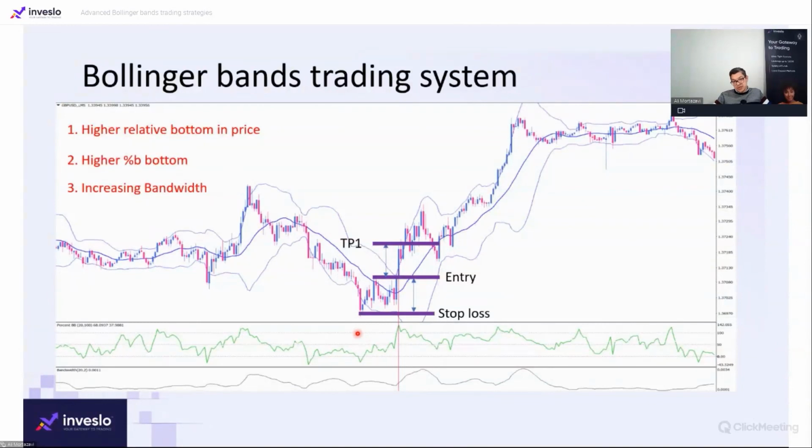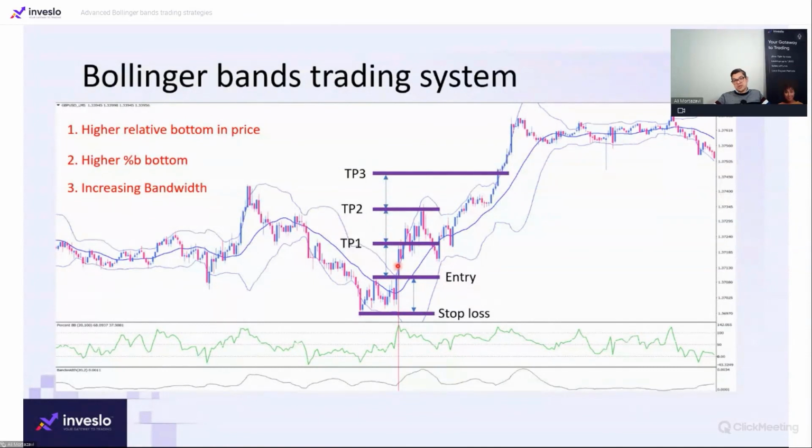There are three ways that we can manage our trade when we find a W pattern here. The first one is using the upper band as an exit point, and the other one is using the bulge. It means when we see the bandwidth is at the extreme high, at the peak, and then we can close part of our position there, or we can just use the 1-to-1 or 3-to-1 reward to risk ratio.